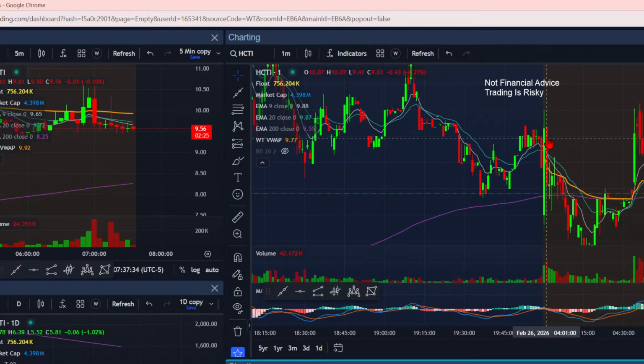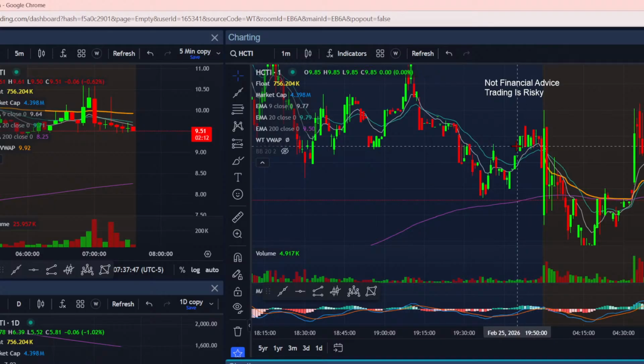You're close. No, go back a little to the left. Put your cursor to the left a little. Keep going, keep going. Oh, this one? No, the one to the right of that. The one that's down. The green one that's below the red one.